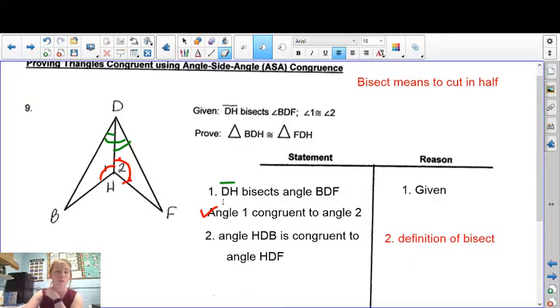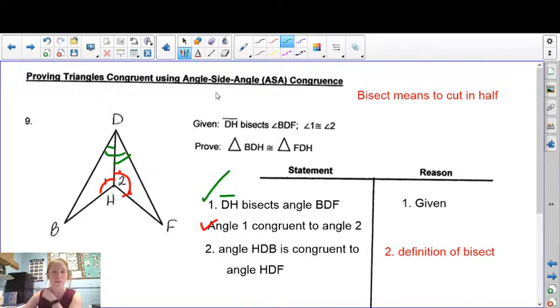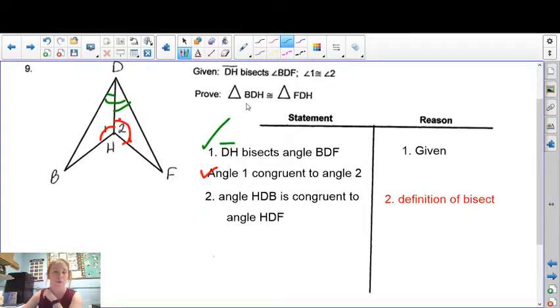So now we've used both pieces of our given. Cool. And we're trying to do angle, side, angle. So I'm missing a side in between those two angles. Well, duh, that's part of our given, so we need our purple color.